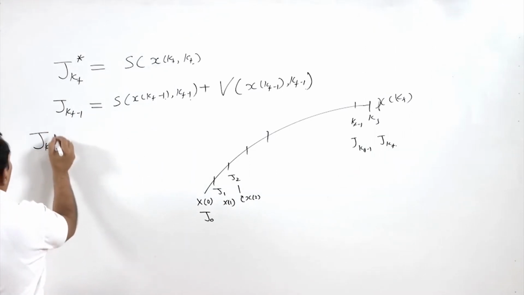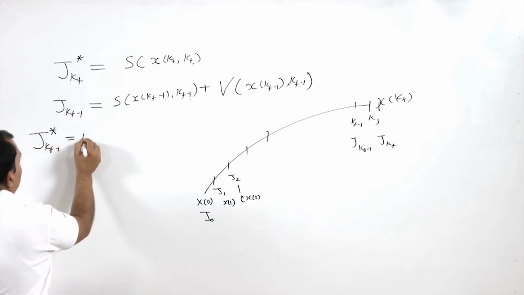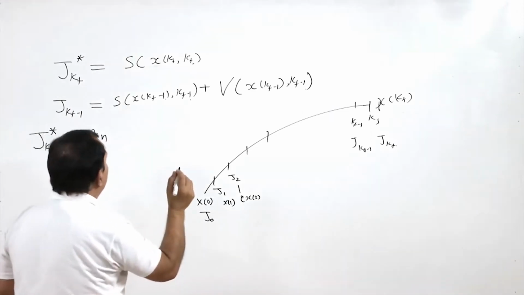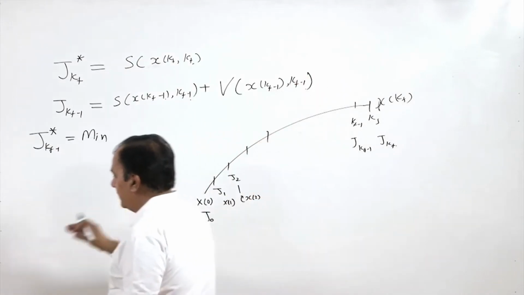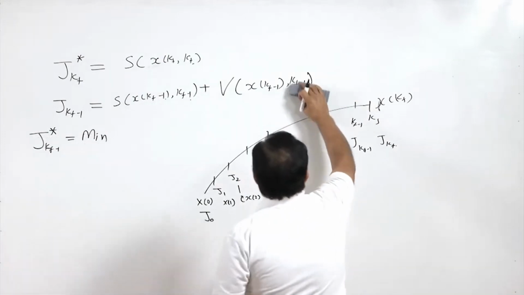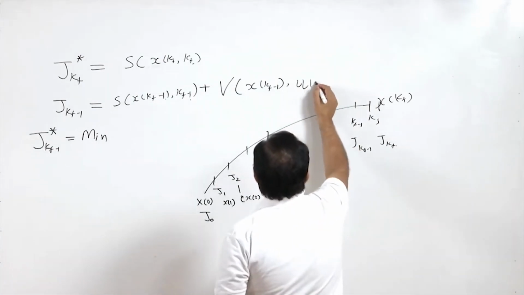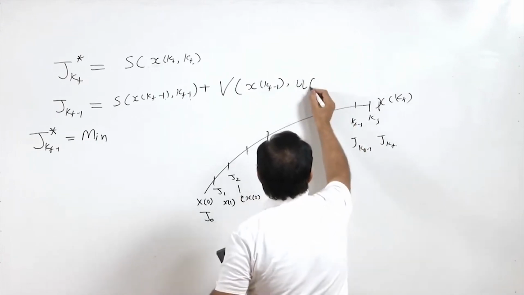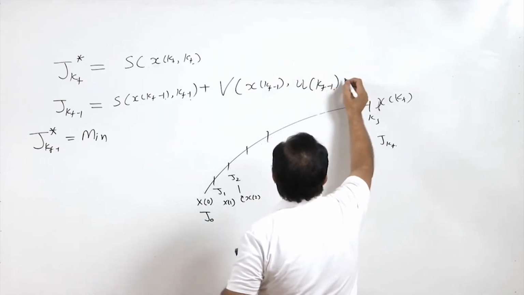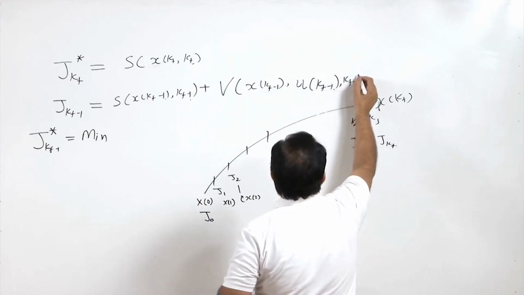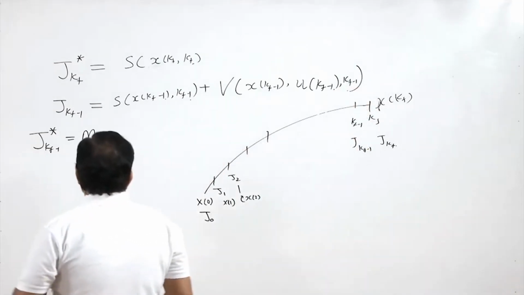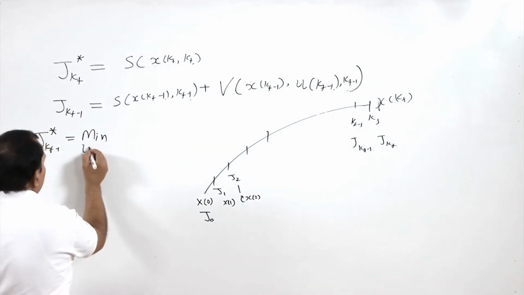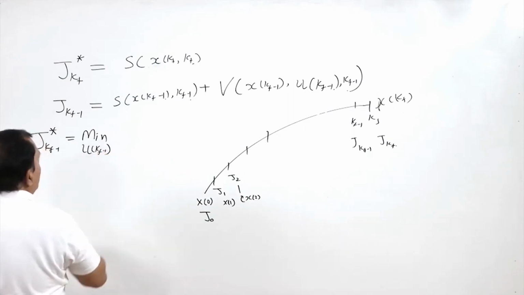So, the optimal cost, if I want to write, this is the minimum for the value of, sorry, I have missed the U term here, x of Kf minus 1 U of Kf minus 1, so the optimal cost is with U of Kf minus 1.